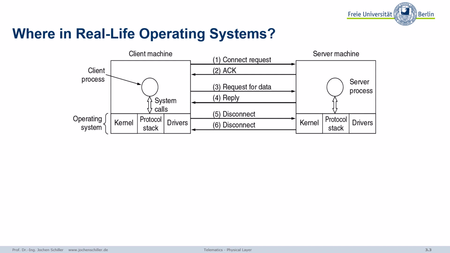Basically what you have is a process running on the client, and this process can access the kernel via so-called system calls. You can have a look at our bachelor level operating system courses, giving you some more details here.